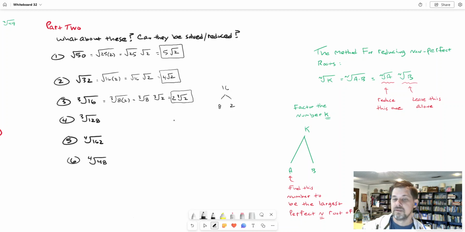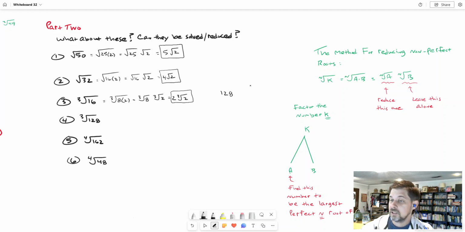Okay? So let's try third root of 128. So let's take the same strategy. I'm trying to factor 128. And I'm going to do that with numbers that are perfect third roots.